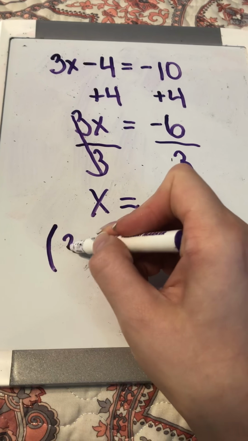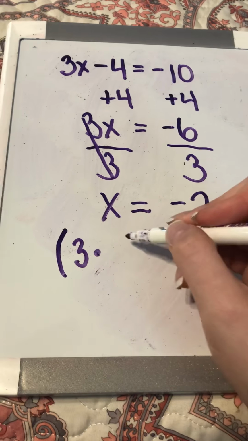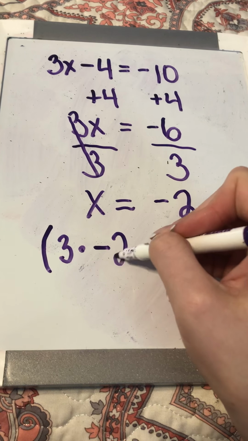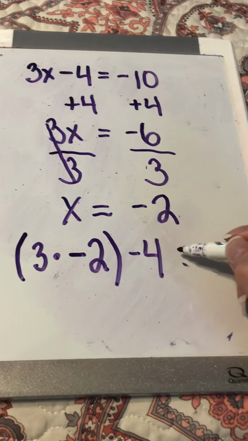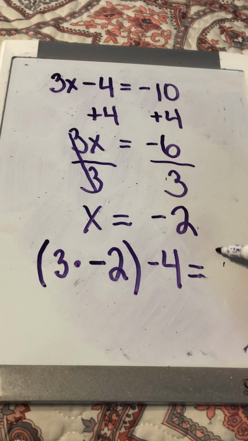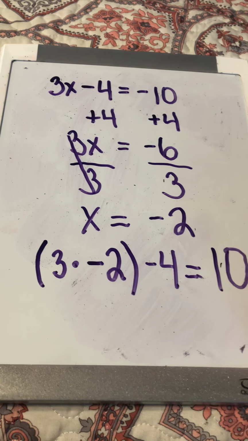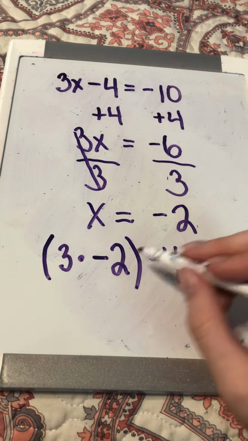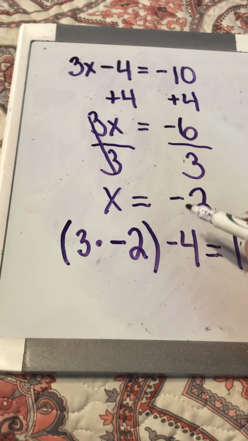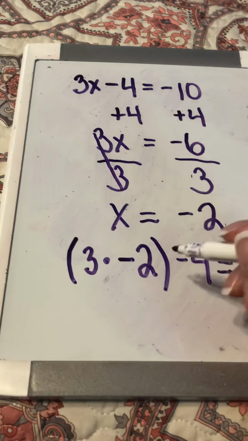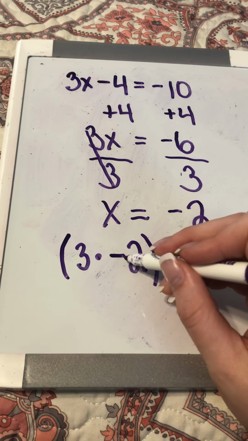So you have 3 times negative 2 minus 4 is equal to negative 10. Okay, when you multiply a positive and a negative number, you end up with a negative number. So 2 times 3 is 6, and you have a negative.